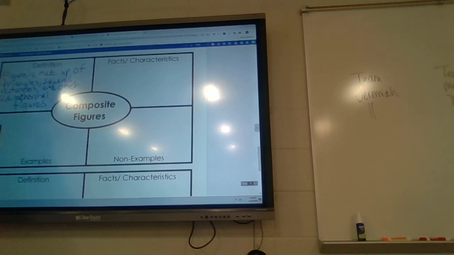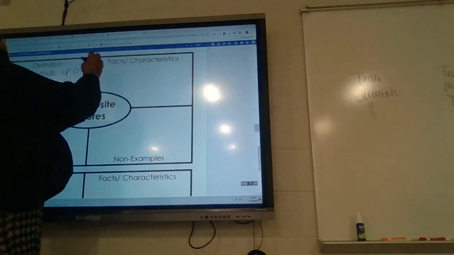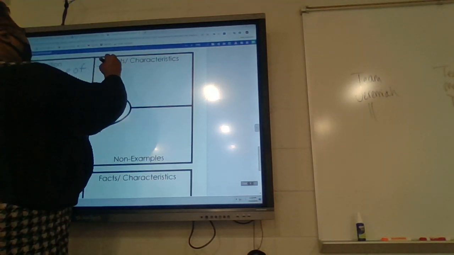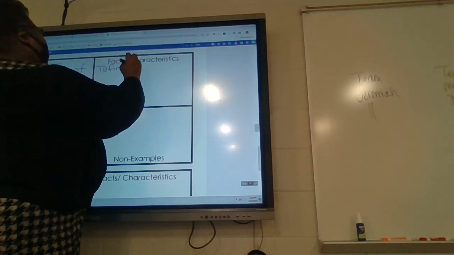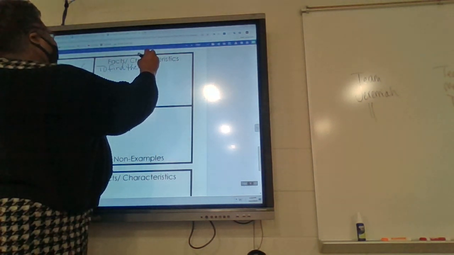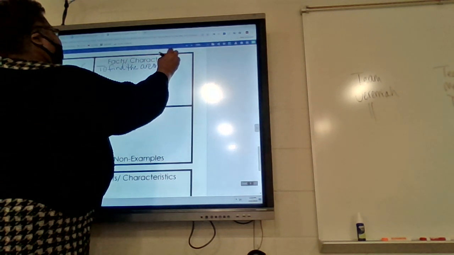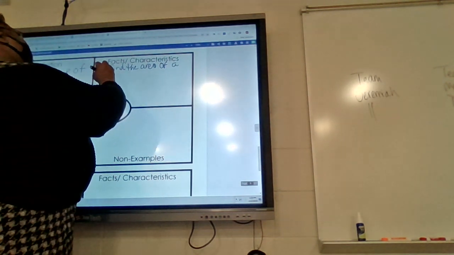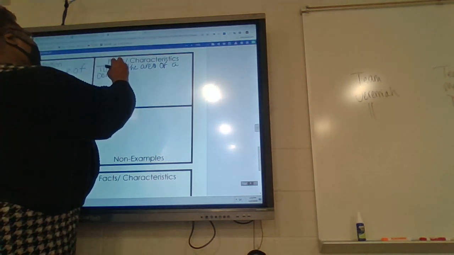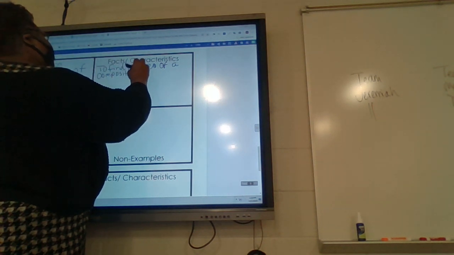Okay, so the definition of a composite figure is that it is made up of triangles, squares, rectangles, and other two-dimensional figures. To find the area, I'm going to give y'all time to write this: area of a composite figure.